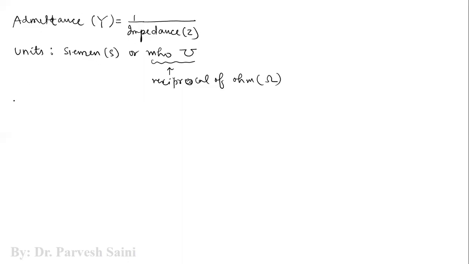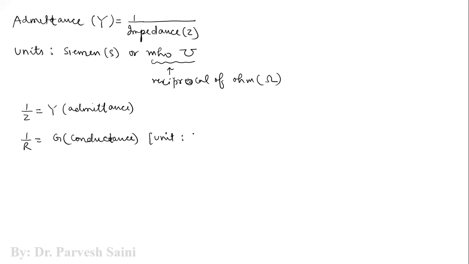So similarly, 1 by Z is equal to Y, which is admittance, and similarly 1 by R is G, which is the conductance, and its unit is also the same, S or mho.